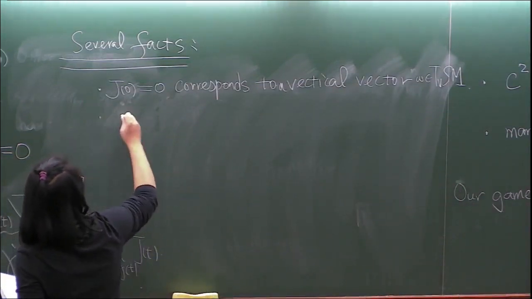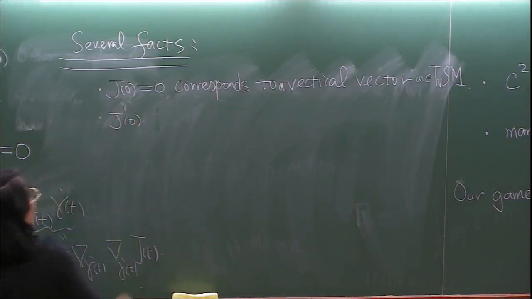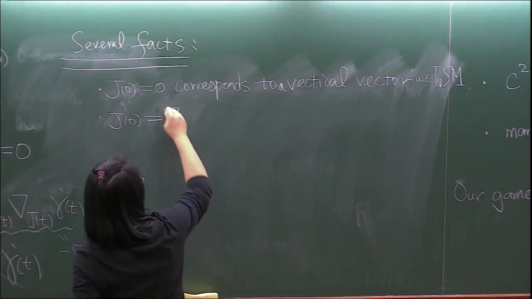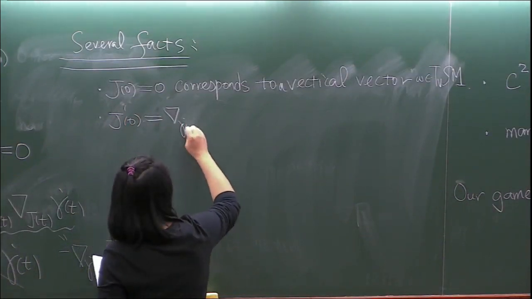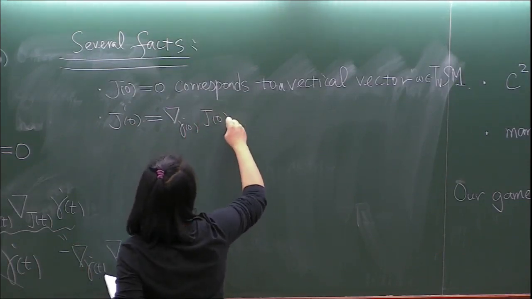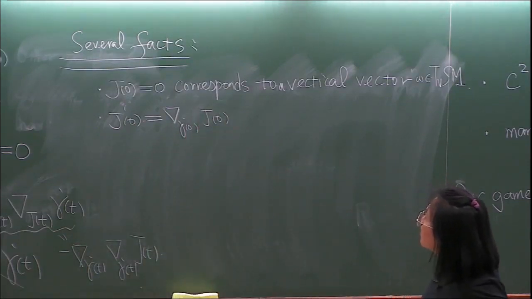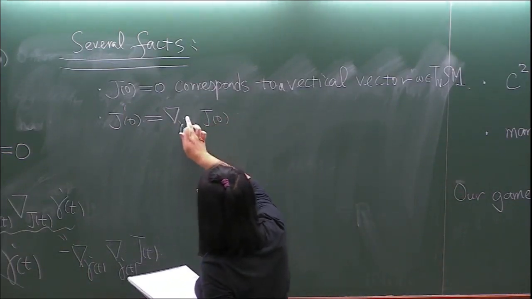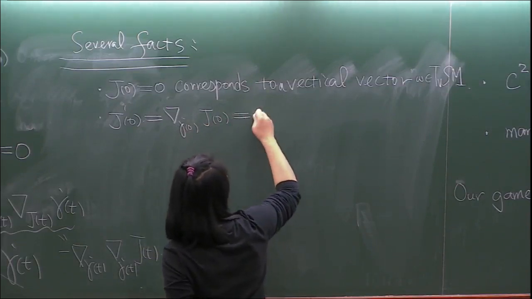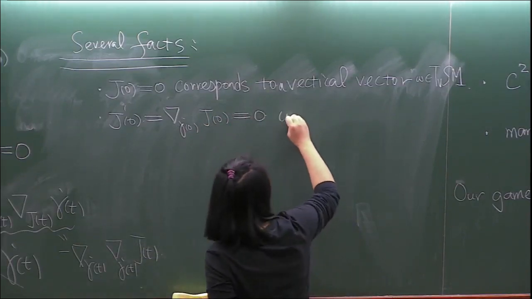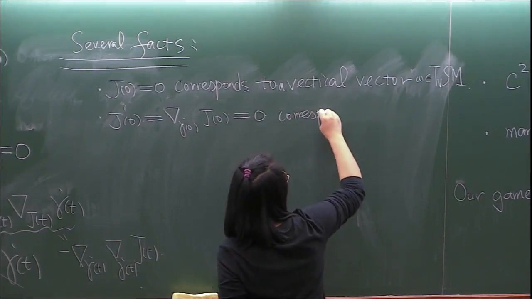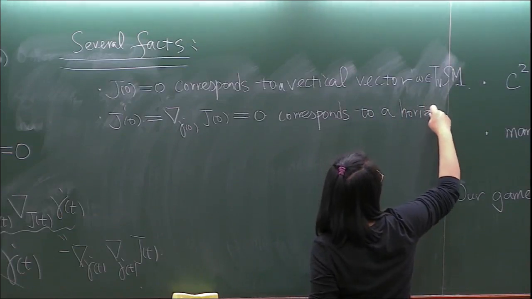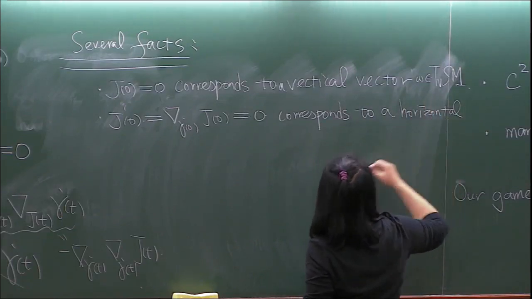And then you have the differential of this one equals 0. This covariant derivative at least equal to 0 will correspond to a horizontal vector.